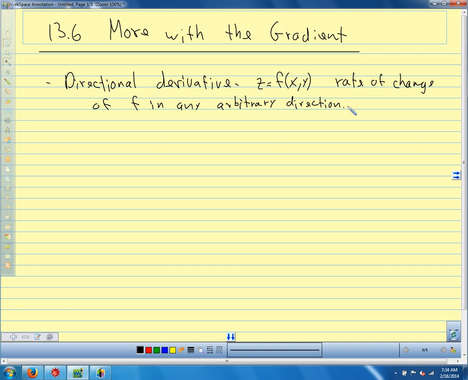In the process of coming up with a way of calculating this directional derivative, we came up with this del operator. And you also hear del called nabla. That's the name of the symbol, the nabla.